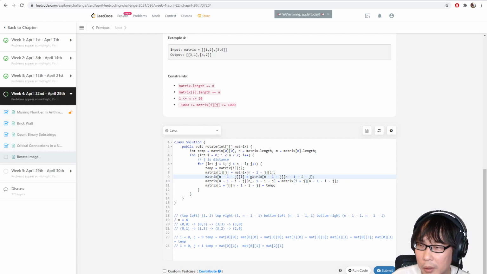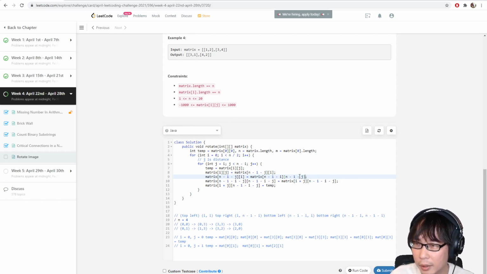So the bottom right will always be on the same row, which is this one. But it's a moving one.